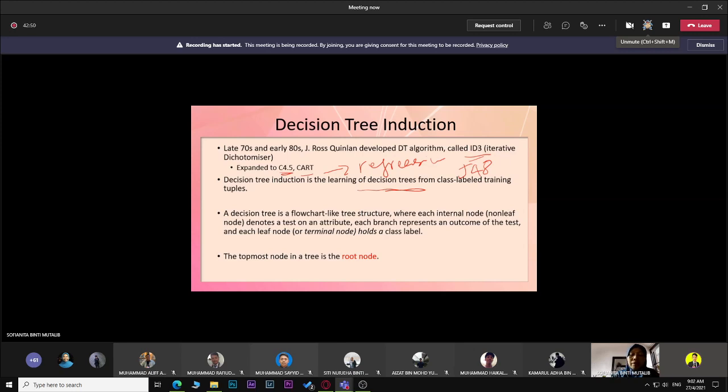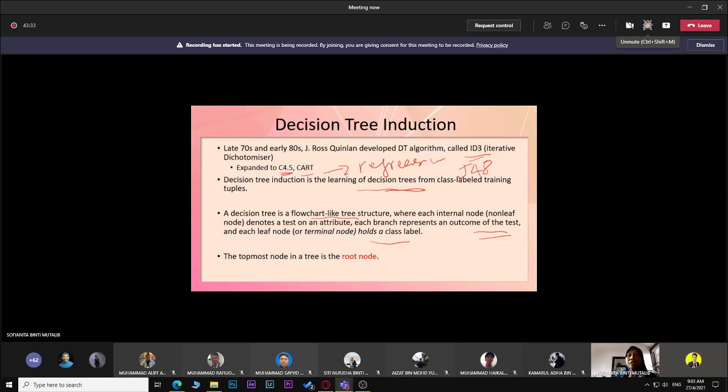What we have in the tree is actually a flow chart, which starts from the root, then you have intermediate nodes in between, and at the end you will have the leaf, which reflects the class label. So again, I repeat, what is a tree? A tree is represented by the set of attributes in the data set.